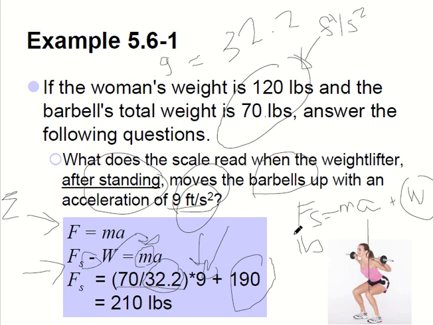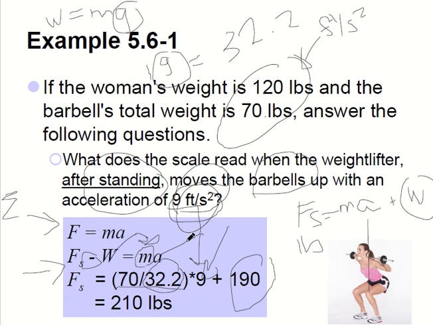So when you move it there, it becomes a plus right here, and we divide by 32.2 because acceleration due to gravity is 32.2 feet per second squared, because we use feet per second squared for this unit of acceleration. Weight is equal to mass times acceleration due to gravity.